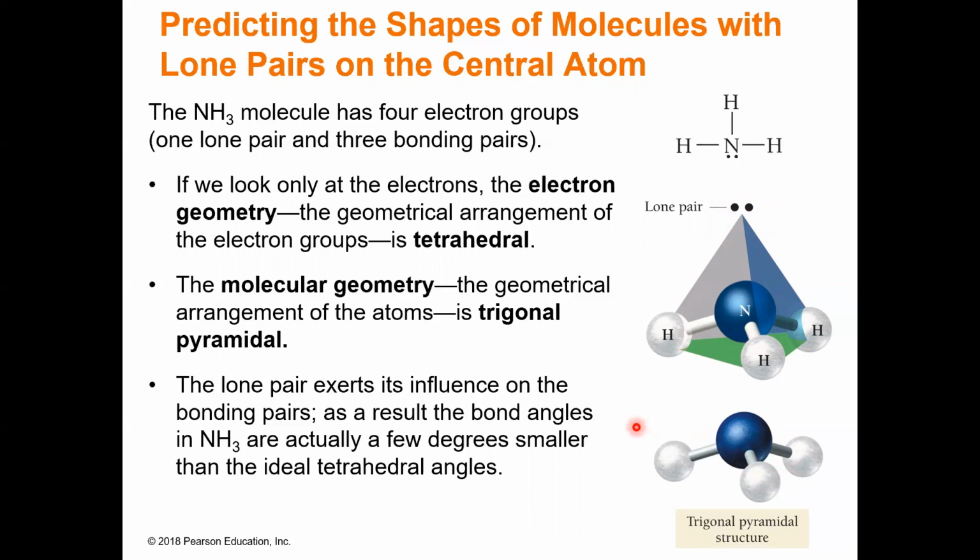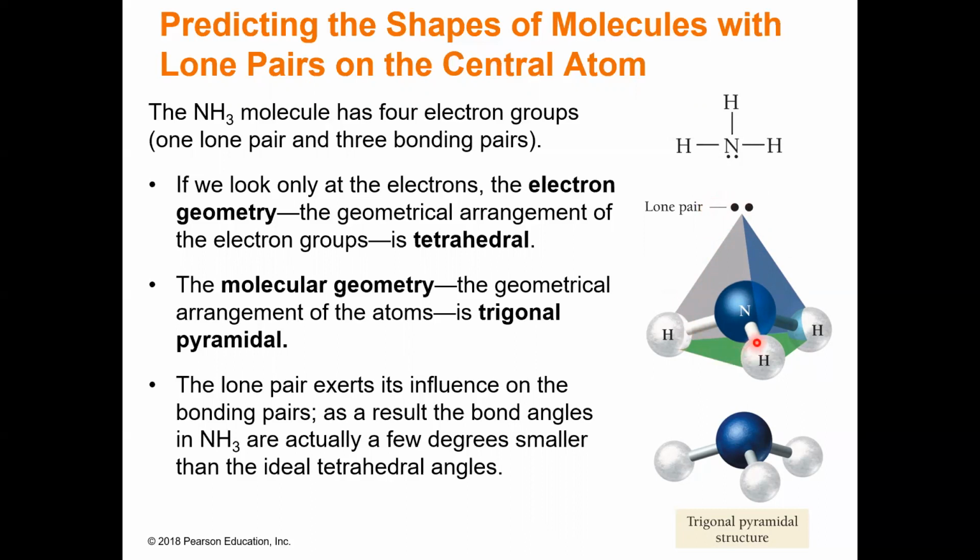So the molecular geometry will be called trigonal pyramidal when we have 4 electron domains, but one of those electron domains is a lone pair. Similar to how the double bond will push away the single bonds a little bit further from itself, a lone pair will do something similar. The lone pair here will push these other bonding domains further away from itself.